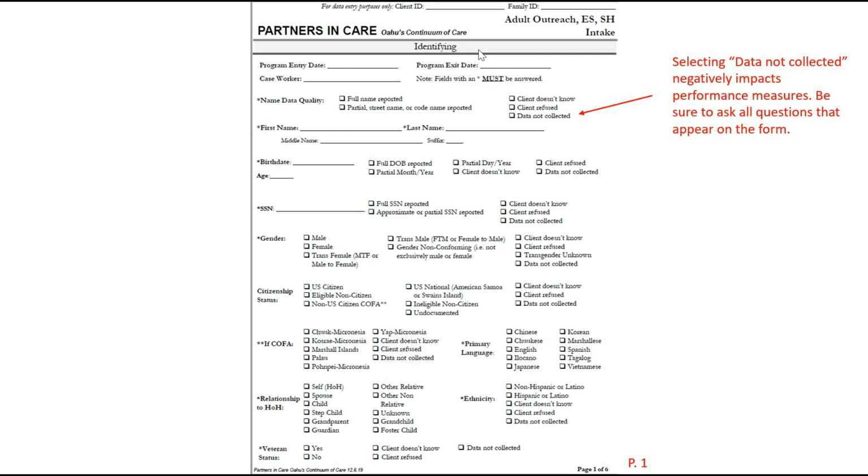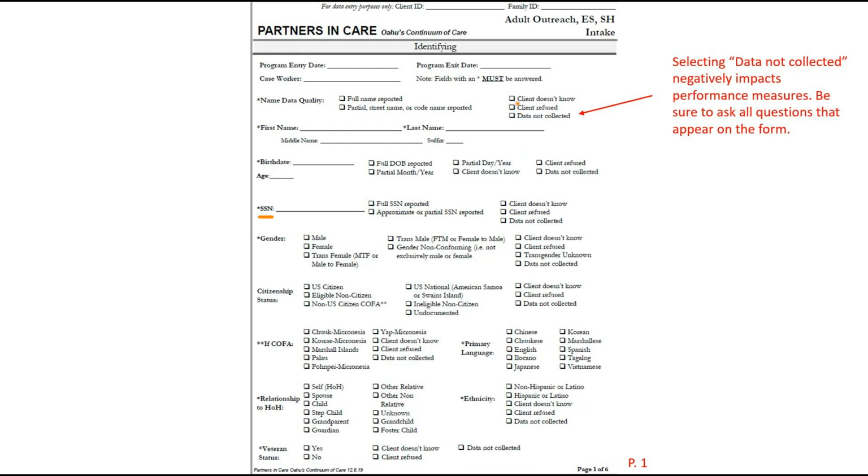If data is not collected, if you don't have an answer to a question, the database wants to know why. They want to know, does the client not know it? So maybe with their social security number, maybe the client doesn't know what their social security number is. Maybe they don't trust you enough yet to provide that information. Or maybe you didn't ask the question.